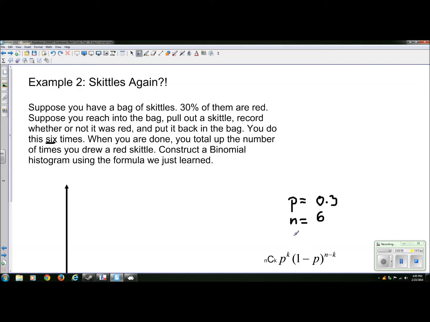So in this case, k can be anywhere between 1 and 6. So k is in the set 1, 2, 3, 4, 5, 6. And actually 0's in there too. I should have listed that. Right? We could draw no red Skittles on any of the times we reach in there. Or we could draw anywhere from 1 to 6.